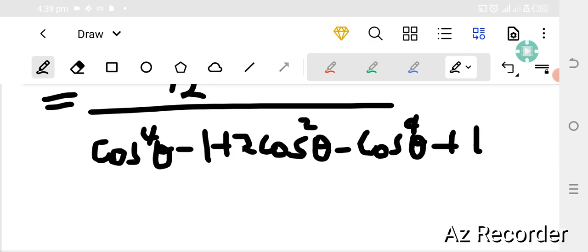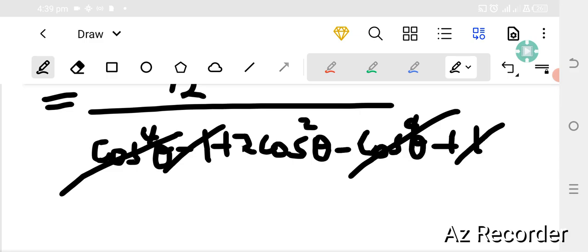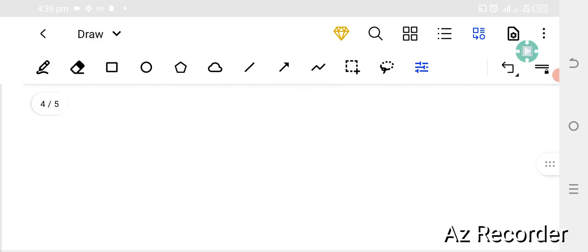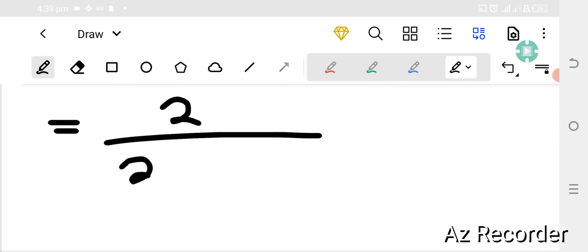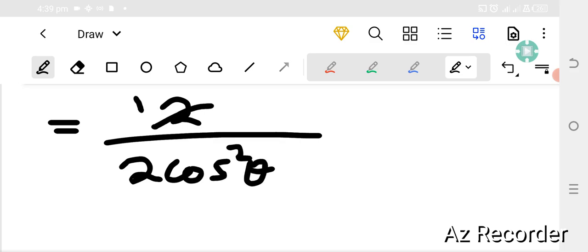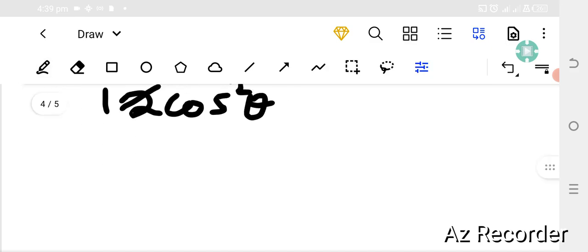So this is quite a lengthy method, right? This is why most people use the difference of two squares. So cos theta to the power 4 and cos theta to the power 4 will cancel out, and then you also have a negative 1 and a positive 1 will cancel out. Therefore, what do you remain with? You will simply remain with 2 divided by 2 cos theta squared. Then 2 can go into itself one time, 2 can go into 2 one time.